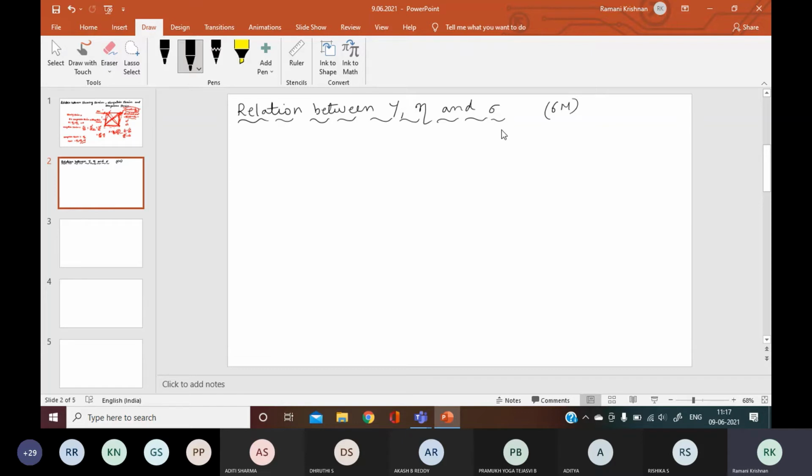Students from June 21st, first IA, and fee-due students, kindly complete the formalities, because students with less than 75% cannot write the IA exam. Last time also I told you, even those who have pending dues, make it a priority to pay the fees first, in spite of having some problems, because with 75% you may not write the IA.